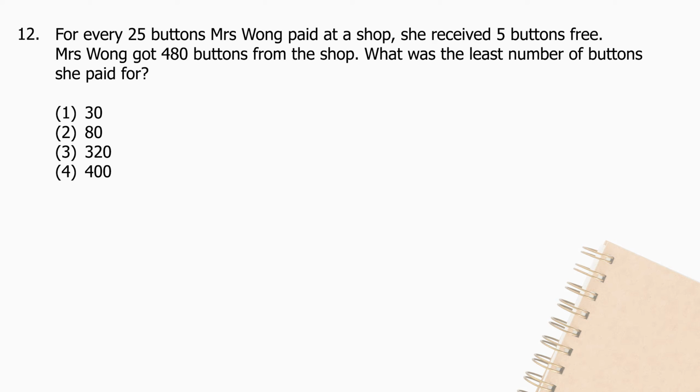Question 12. For every 25 buttons Mrs. Wong paid at a shop, she received 5 buttons free. Mrs. Wong got 480 buttons from the shop. What was the least number of buttons she paid for?